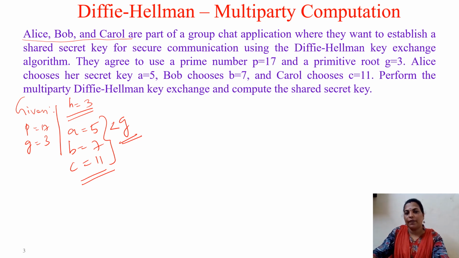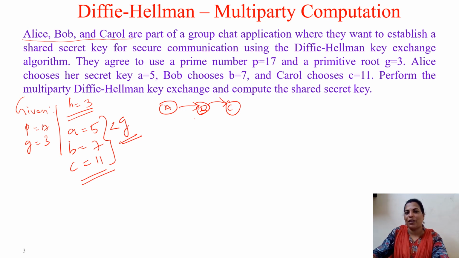Then moving on to the third step. You are aware that we have 3 users, A, B and C. So what do we have to do? A has to compute one value and send it to B, and B has to compute one value and send it to C. So finally C has the shared secret key. Likewise, the same procedure is followed by everyone.